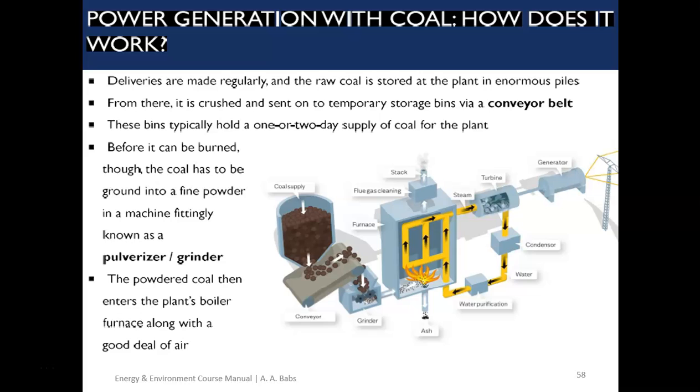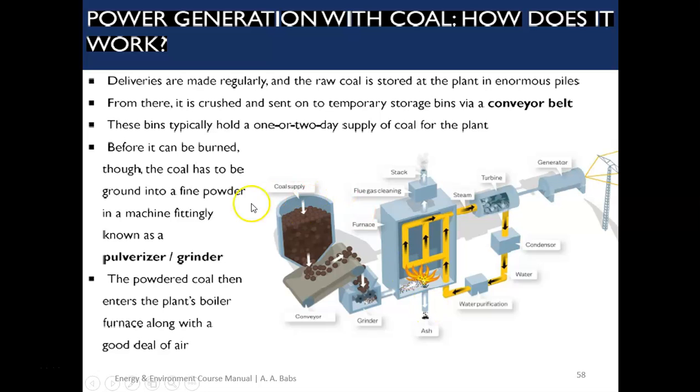So there has to be a storage somewhere at a plant location where coal is piled up and stored in large quantities. Now, from that particular storage, it is crushed and sent on to temporary storage bins via a conveyor belt. These bins typically hold a 1 or 2 day supply of coal for the plant.